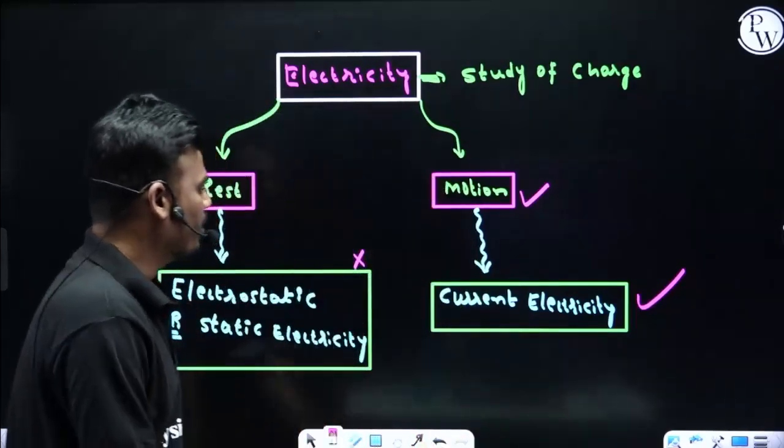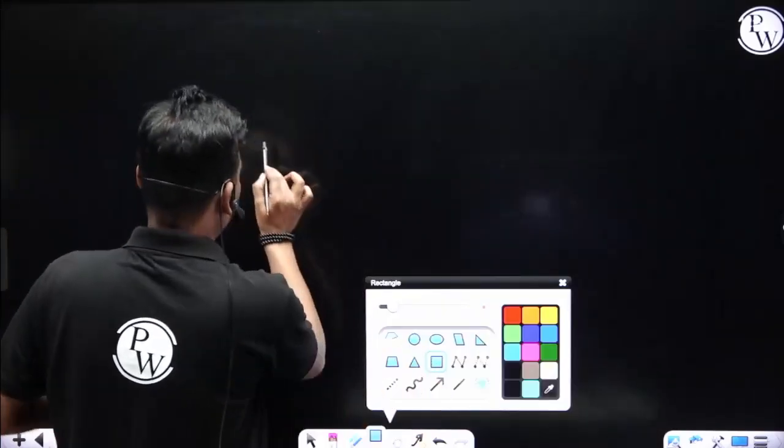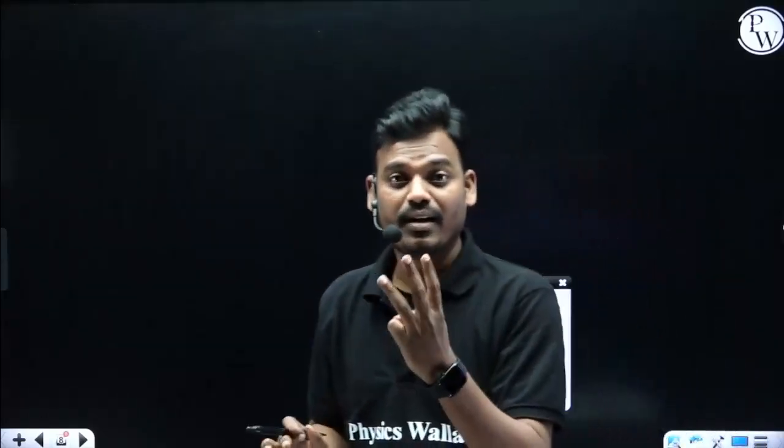Here we can decide current electricity by taking an example. Let's consider a wire. In our household circuit we can see three different colors, maybe red, green and black. When you see the wire, it is insulated, that is the rubber.